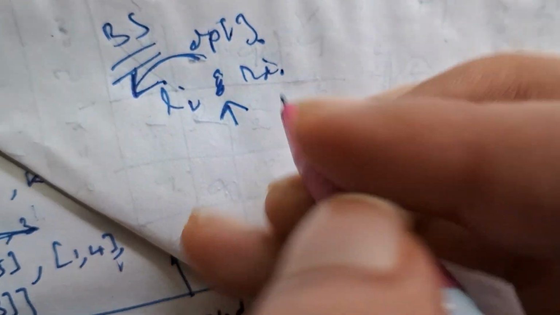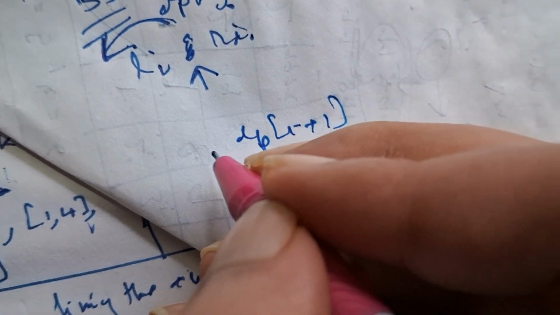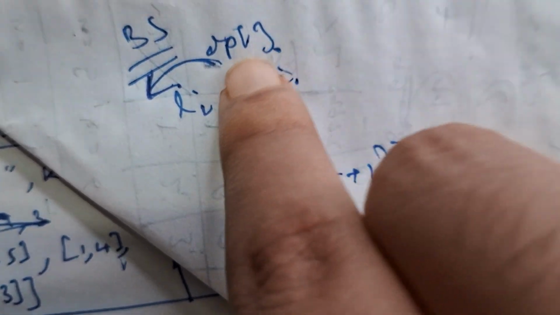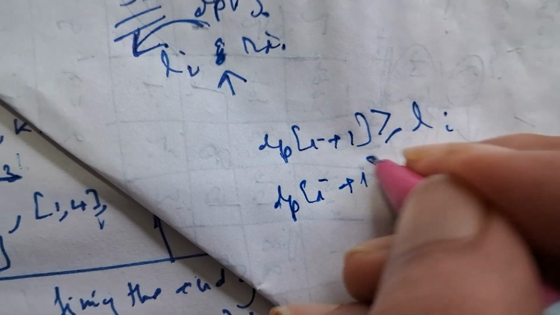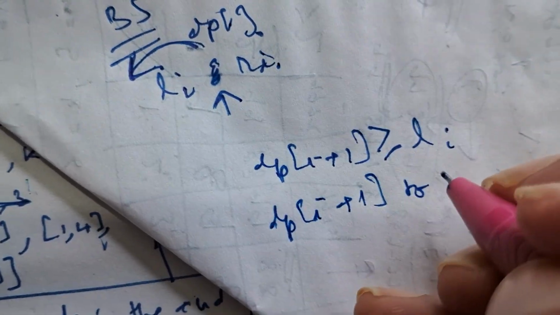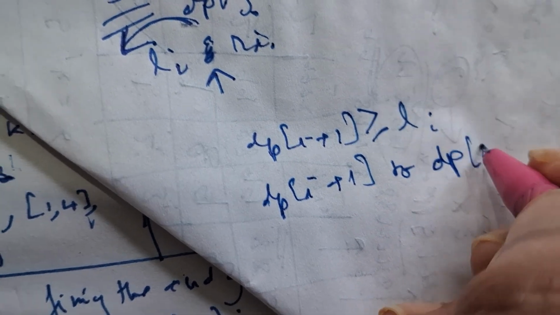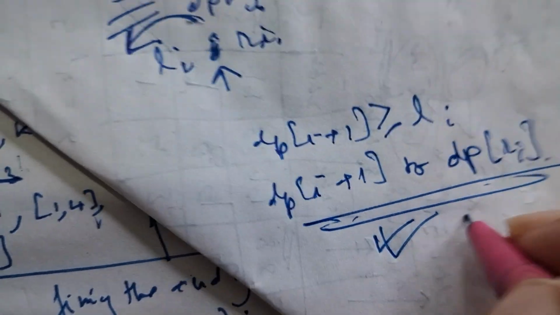You know that if this is coming before this, then dp of I plus 1 should always be greater than or equal to Li, right? So from dp of I plus 1 to dp of Ri, this situation is nice, right?